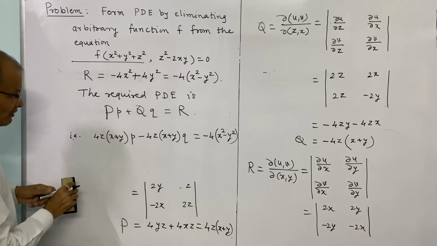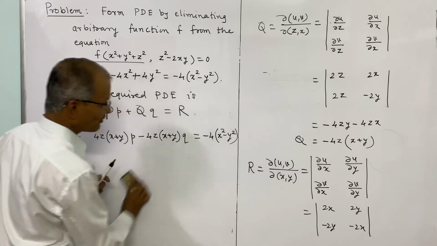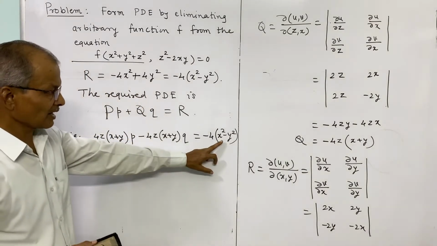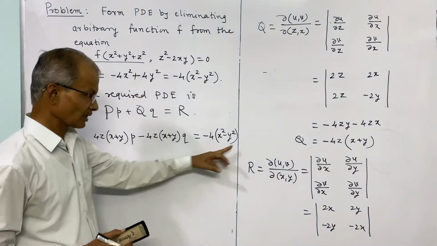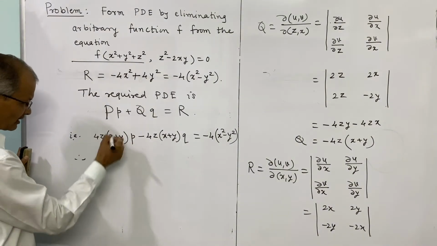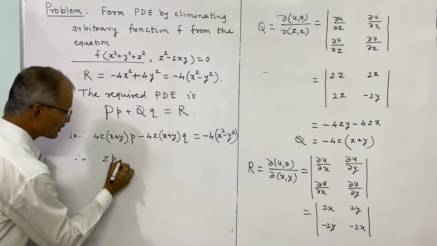Now this can be simplified, 4 can be cancelled throughout and this can be factored. X square minus y square can be factored. We know the factors are x minus y into x plus y, and then x plus y also can be cancelled throughout.